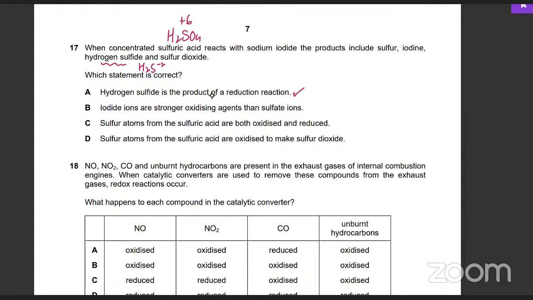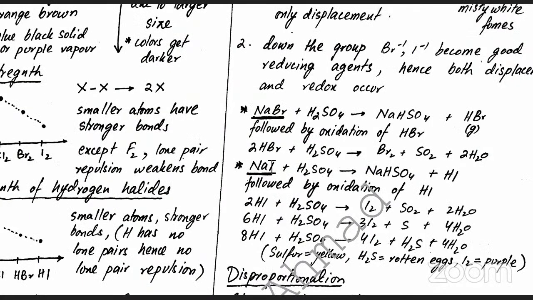So that is true. The others are incorrect. Iodide ions are acting as a reducing agent, not as an oxidizing agent. When something loses electrons, it acts as a reducing agent. Sulfur atoms from the sulfuric acid are both oxidized? No, they're only reduced. Okay, remember in this case, only one thing is oxidized, and that is I-. It loses electrons. All the rest of the sulfur products are a product of reduction.